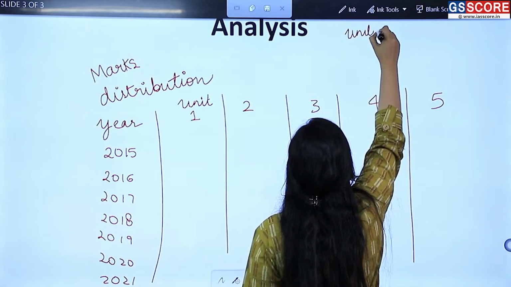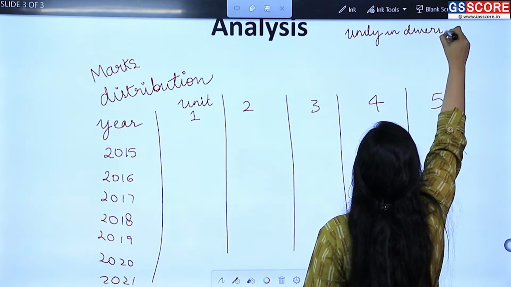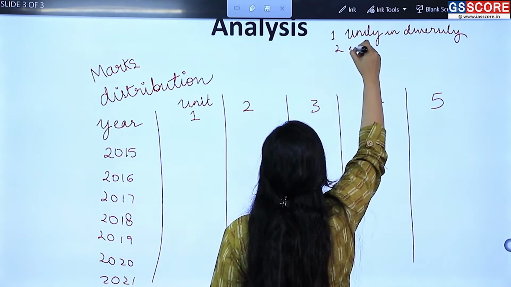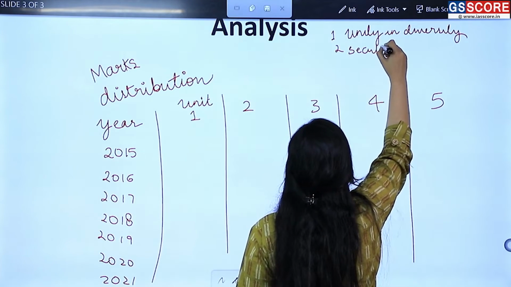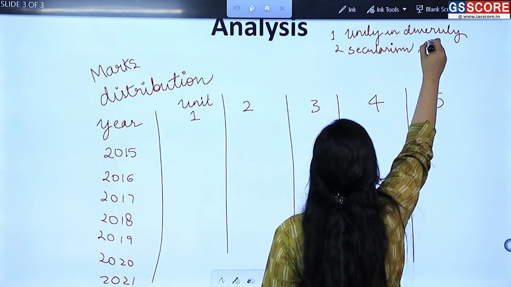Unit 1 is unity in diversity. Unit 2 is threats or challenges: secularism, regionalism, communalism.